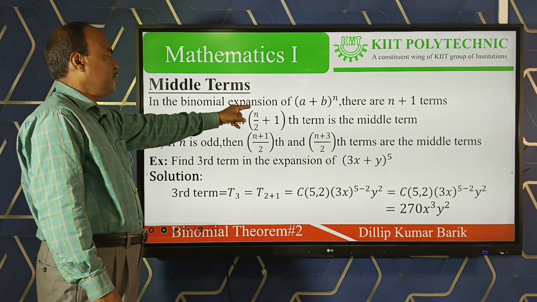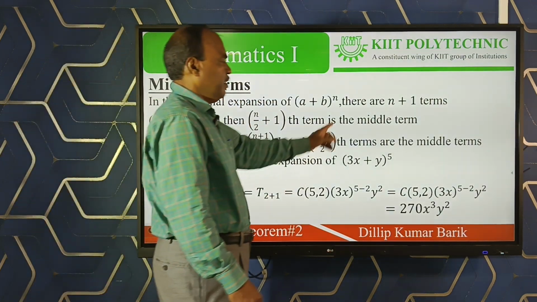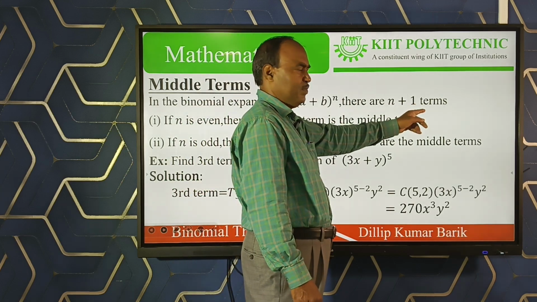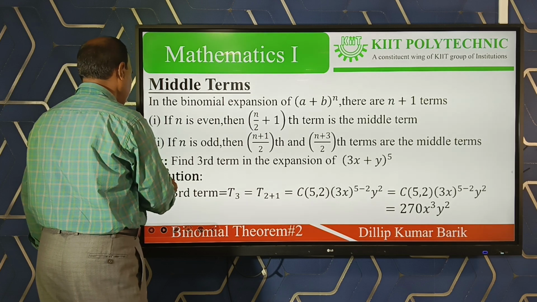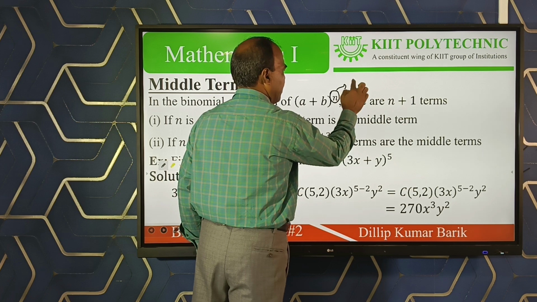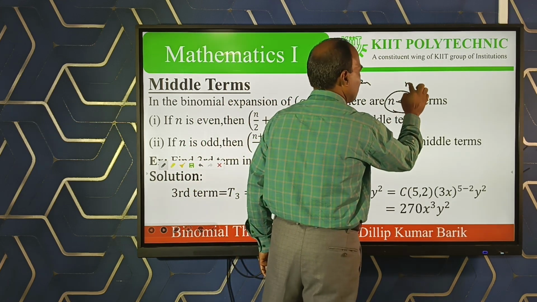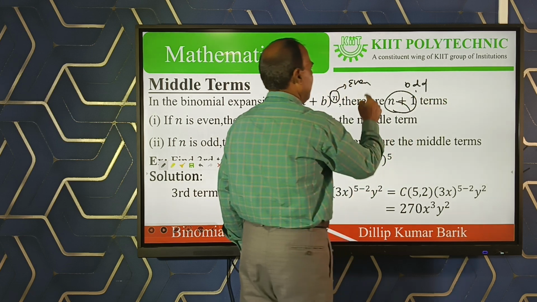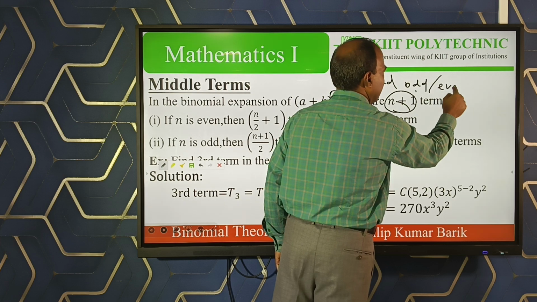In the binomial theorem or expansion, (a + b) to the power n, we already know there are n + 1 terms. If n is even, then n + 1 will be odd. If n is odd, then n + 1 is even.